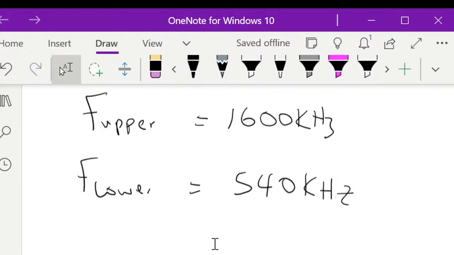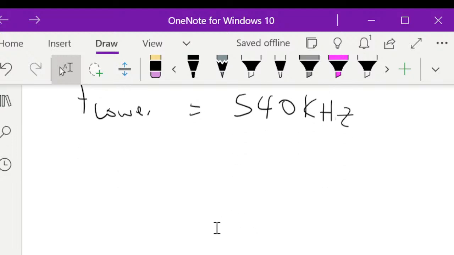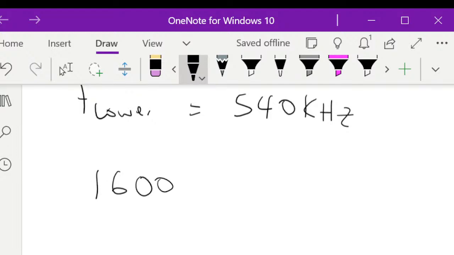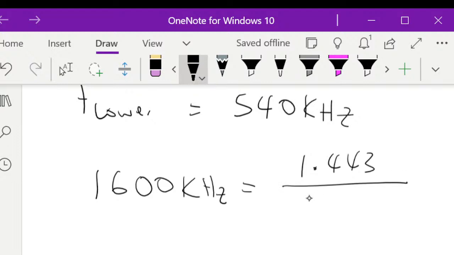Then you can plug this back into the formula, and when you do, you get 1600 kilohertz is equal to 1.443 over RC.